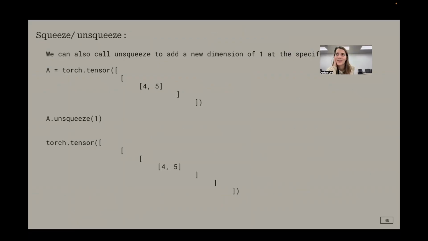If they both happen to be stored contiguously, there's no difference. But if somehow the tensor is stored non-contiguously, view will create an error, and reshape, I think, will create a copy of that tensor which is stored contiguously. But it doesn't really happen that often, so in most cases they're completely interchangeable.